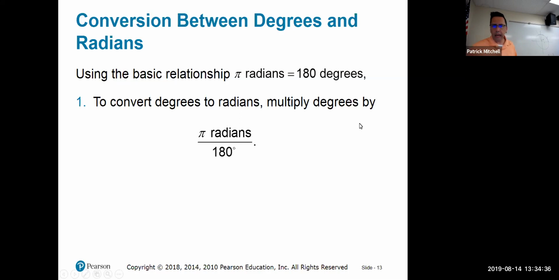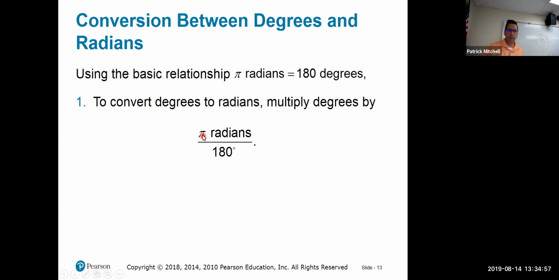All right, so now we get into converting between degrees and radians. So to convert degrees to radians, you multiply your degree measure by pi over 180 degrees. And the reason that that works is because 2 pi radians corresponds with the whole entire circle.